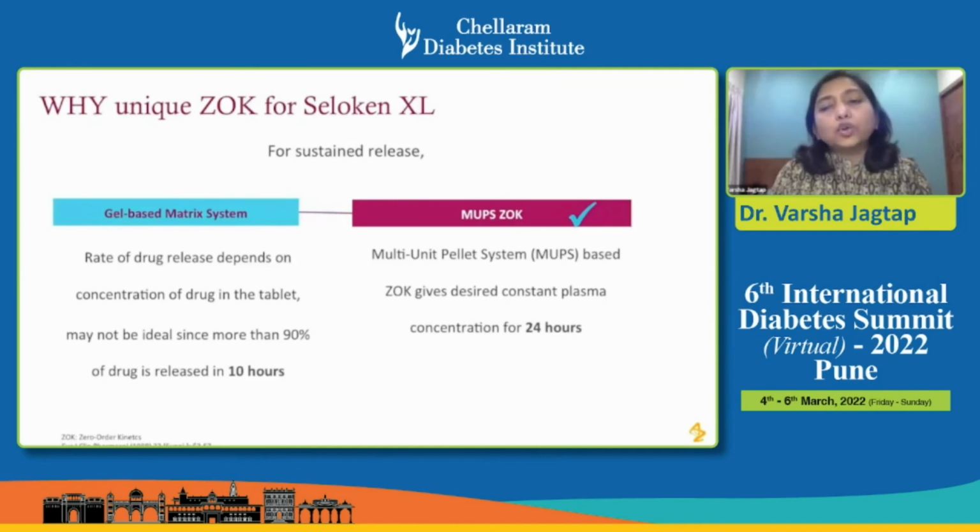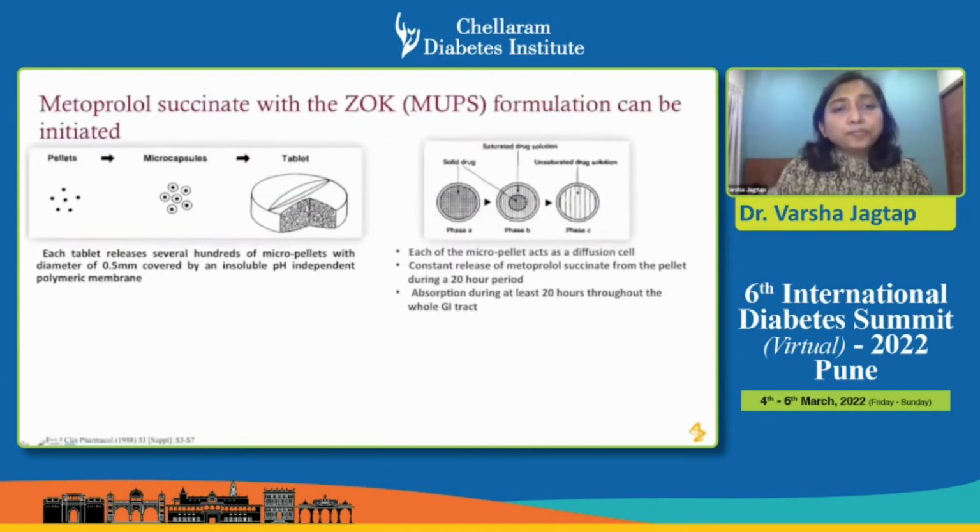This unique system of MUPS, the multiple unit pellet system, basically causes a slow release matrix tablet. It does not disintegrate, and the entire dose is consequently contained in one single unit during the GI transit. And this leads to basically an extended release formulation for Celokin XL.